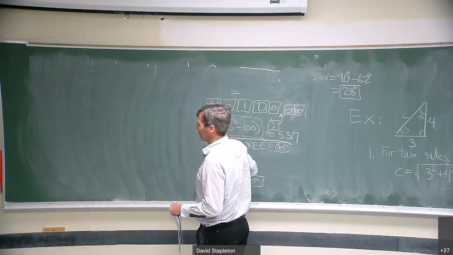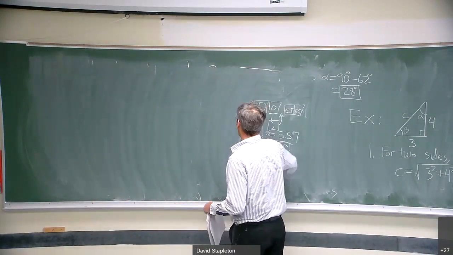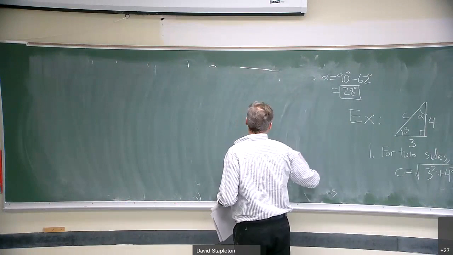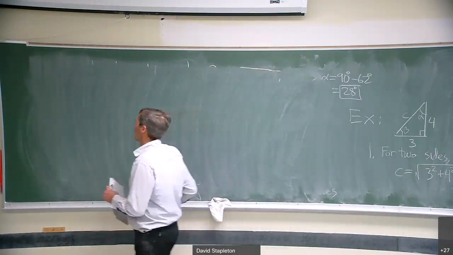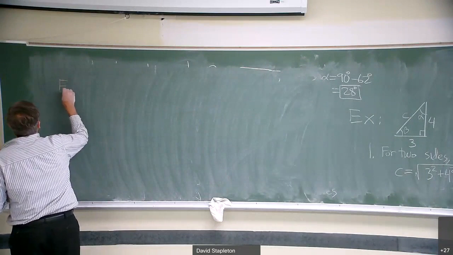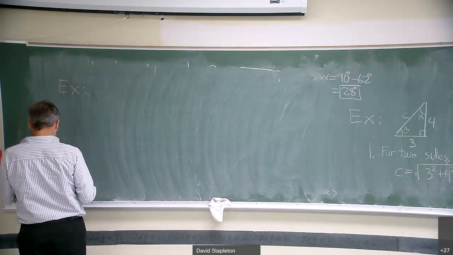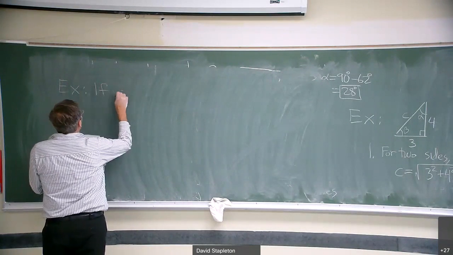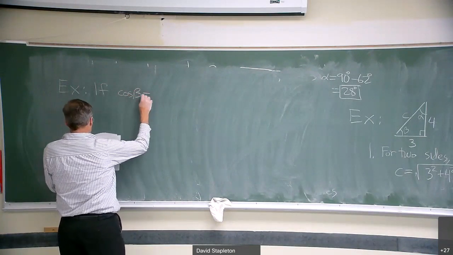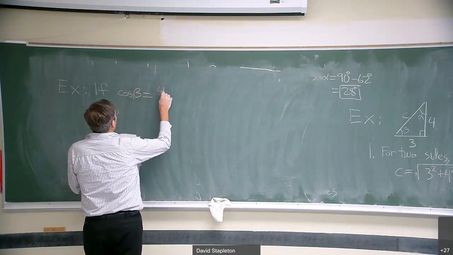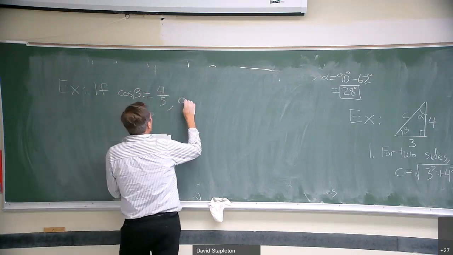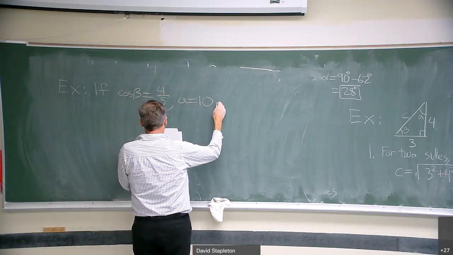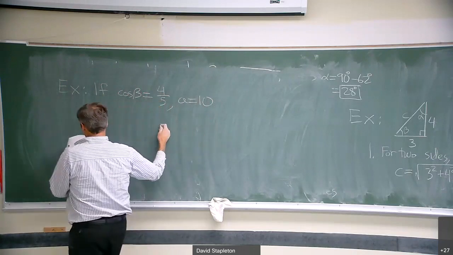You can always use inverse trigonometry, right, the buttons to find the angle if you want, but it's not actually that necessary to do that. Let's do this other problem, which is actually pretty early on the homework. Suppose I said this, if cosine of beta is equal to 4/5 and A equals 10, solve the triangle.